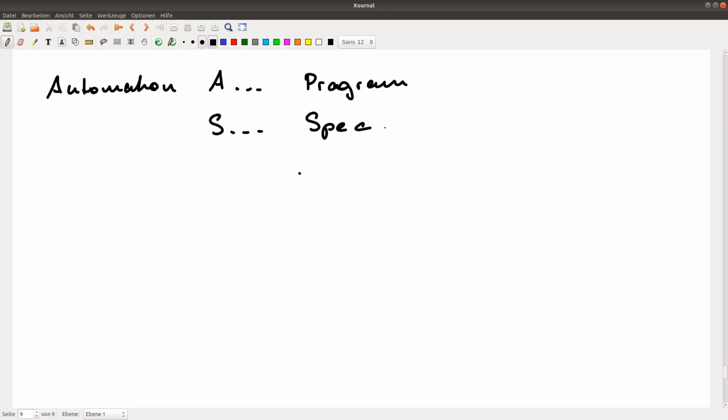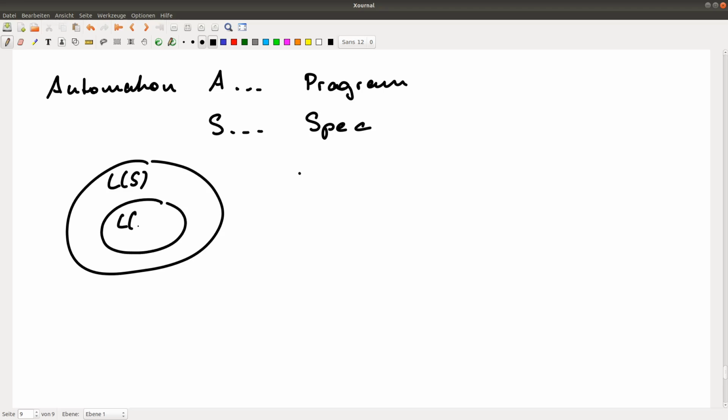Okay, what does it mean? We have the language of S. This is a set of words, and A is correct, the program is correct, if the language of A is a subset of the language of S. So only words are accepted which conform to the specification. Yeah, this is the scenario we want to have.